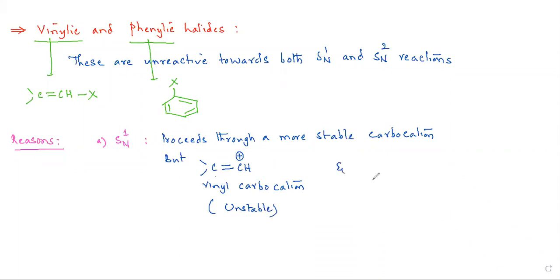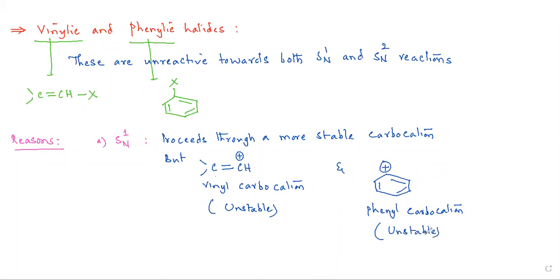And even when you go for the aryl or phenyl halide, when the halogen is lost, you get a phenyl carbocation. Even this also is unstable.